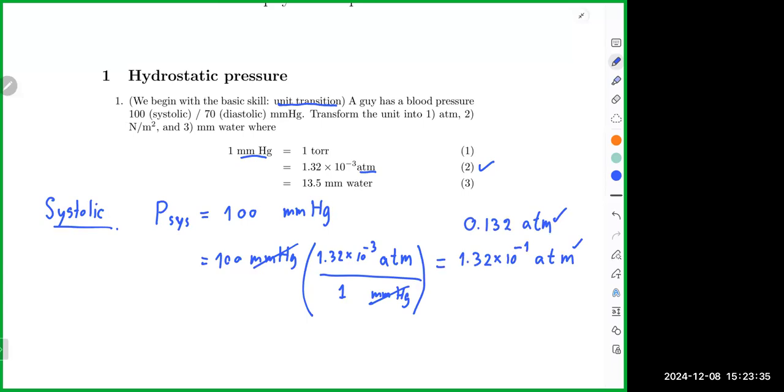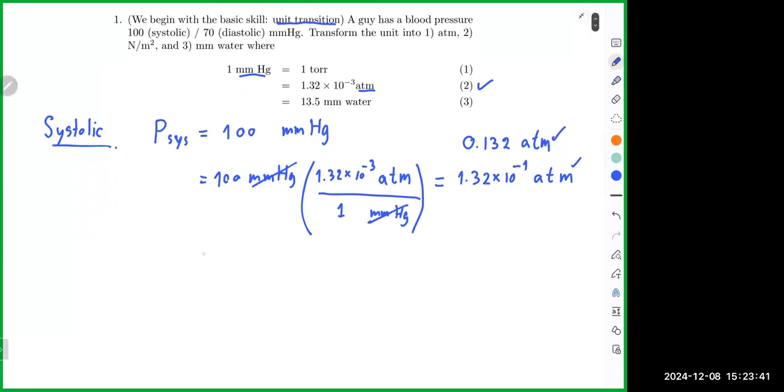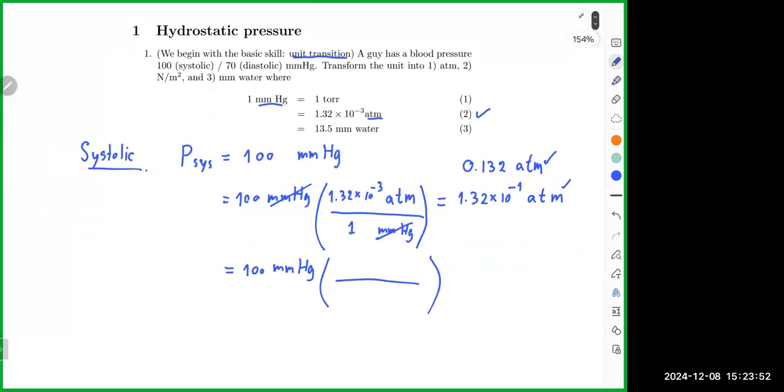And another one is Newton per meter square. You would like to get this unit right here, so you put it right here, and then you want to get rid of this one.